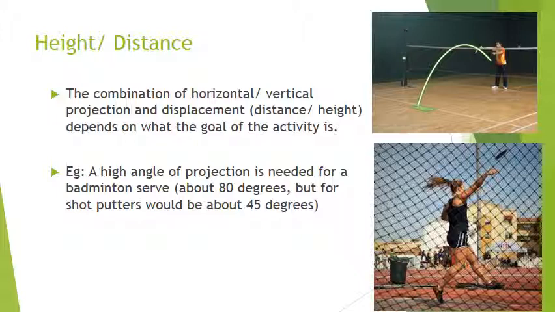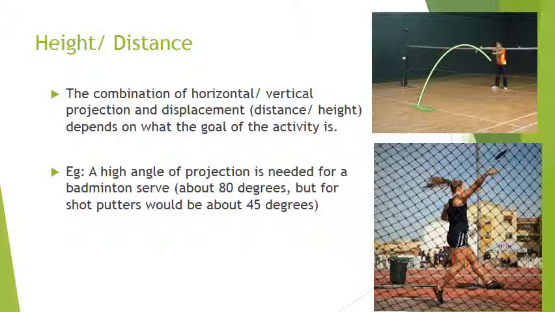So we know that a parabola, or the pathway of a projectile, is the combination of both horizontal and vertical displacement. The amount of vertical and horizontal displacement and the relationship between those two actually depends on what the goal of the activity is.